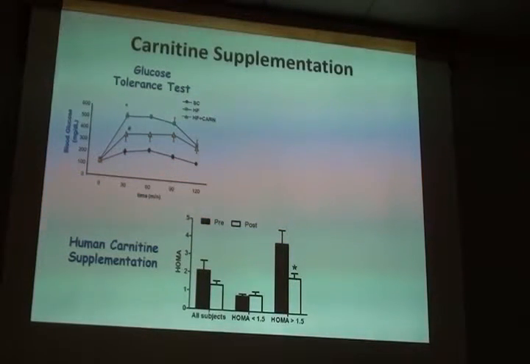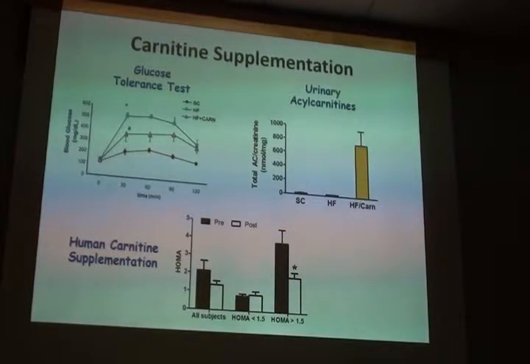And there were some interesting differences there, but the most striking difference, this was in the rat study, was the fact that when we gave them the carnitine, so I mentioned that the kidneys will spill out carnitine if it's in excess, the kidneys will also allow you to get rid of excess acylcarnitine, so carnitine that's bound to a lipid. So basically what was happening was these individuals were able to get rid of more carbons in the urine rather than store them in the body.